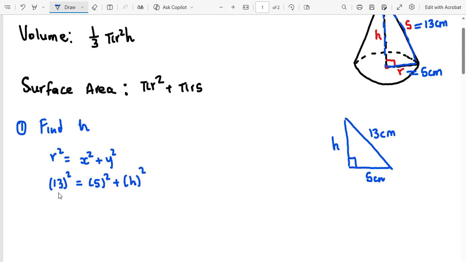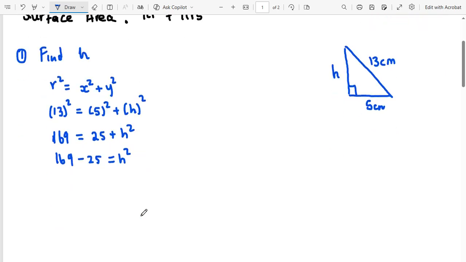Then from there, 13 squared, if you punch that on the calculator, what do you get? 169. 5 squared is 25, and then we add H squared. Making H the subject of the formula, I'm going to move the 25 to the other side, which gives us 169 minus 25 equals H squared.